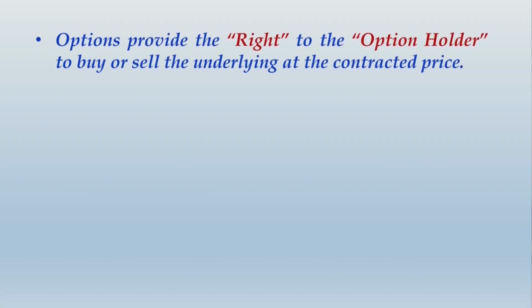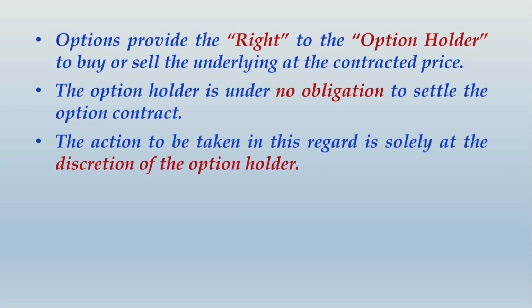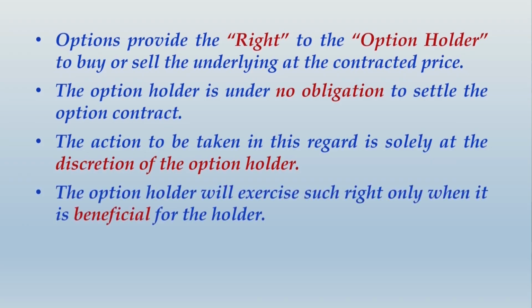Options provide rights to the option holder to buy or sell something at the contracted price. The option holder is under no obligation to settle the option contract. The action to be taken in this regard is solely at the discretion or choice of the option holder. The option holder will exercise such right only when it is beneficial for the holder.